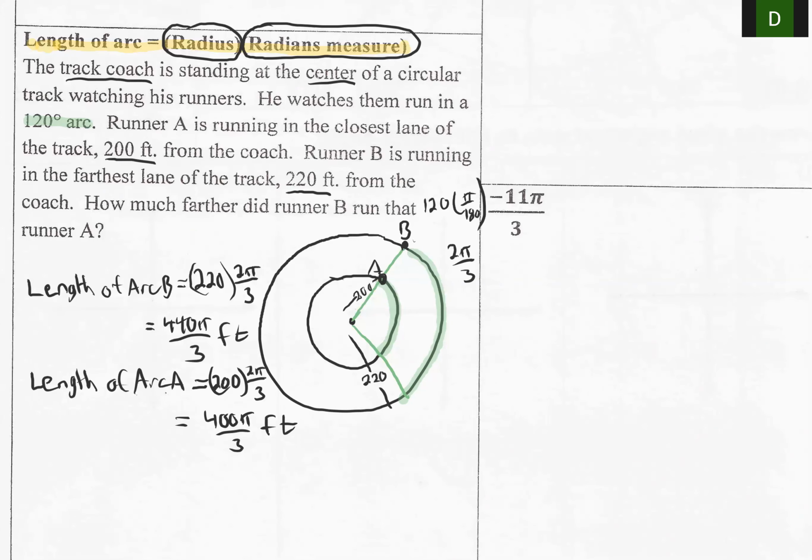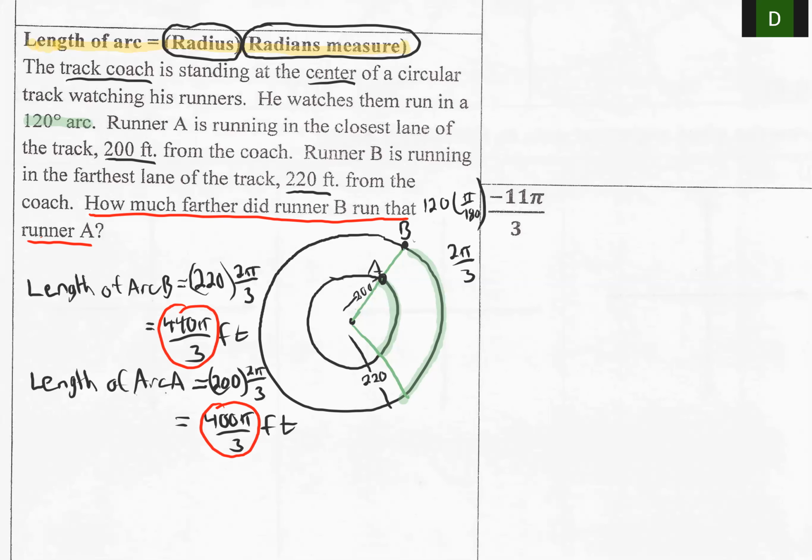So what we've done so far is we figured out how far runner B ran and how far runner A ran. And the question is asking, how much further did runner B run than runner A? That means I take this number and subtract this number, and that's my answer.